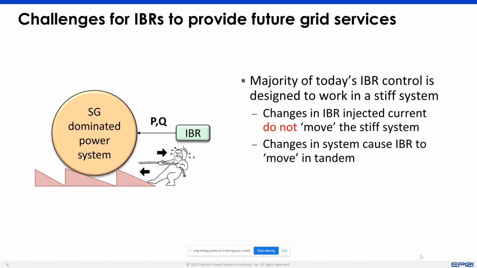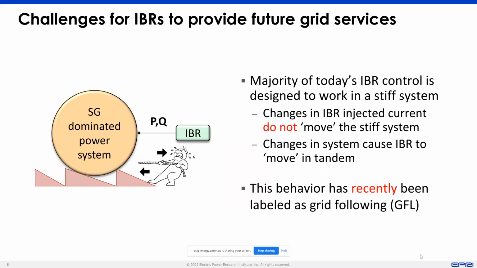This behavior has always occurred in a power system. This behavior has always been there since the first time, let's say, a wind turbine connected 2 decades back. We have never called it anything before until recently, where we have started labeling it as grid following. So essentially what's happening here is that all the inverter is going to do is position itself towards the newer position when the system itself moves.